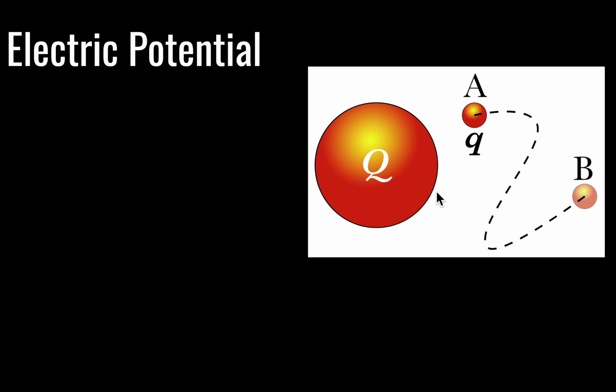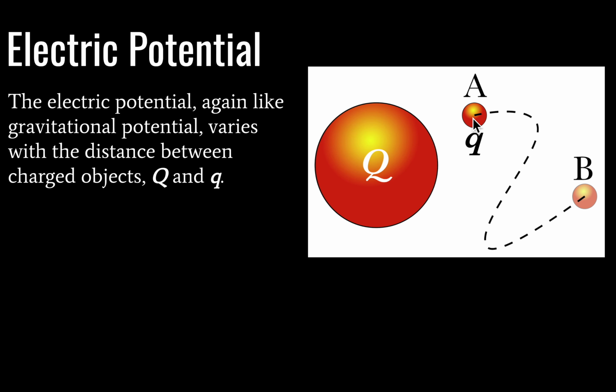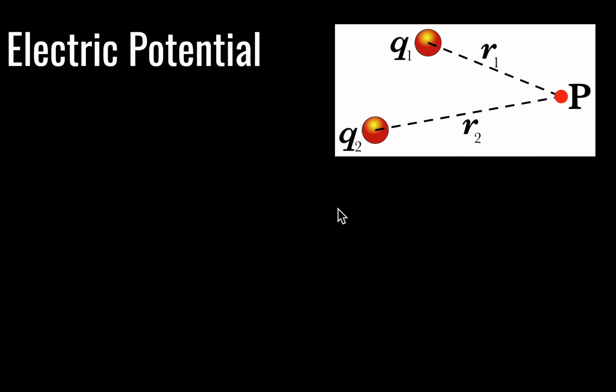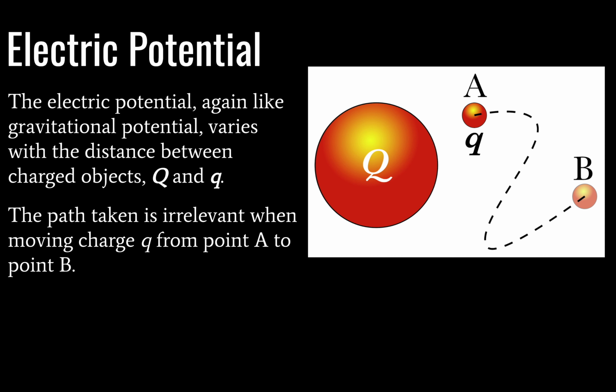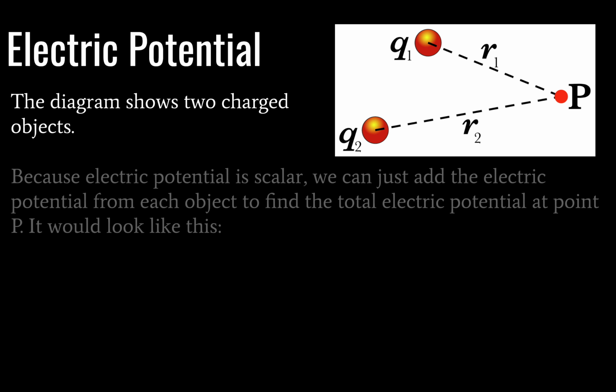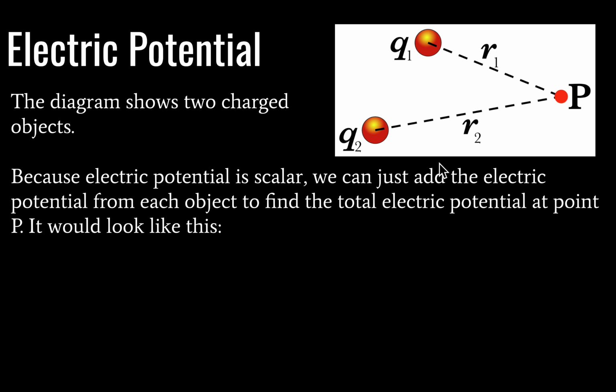Okay, so here, once again, we're moving a charge from point B to point A. And once again, the path taken does not matter. We're only concerned about the distance between point A and our larger charged object, and the distance between point B and our larger charged object. Okay. Electric potential in this circumstance is scalar.